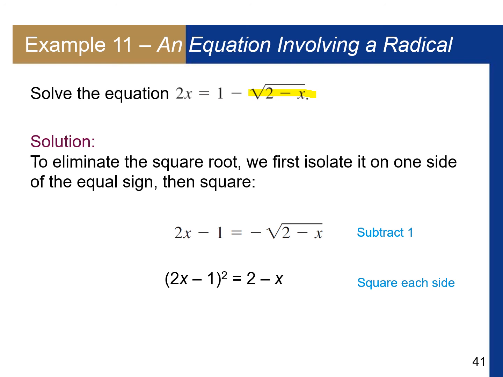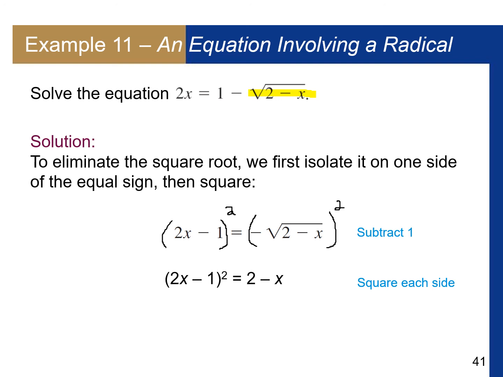You can if you want to, but you don't have to. Because what you can do at this point is square this side. And whatever you do to one side, to keep everything balanced, you have to do to the other. So that's how we get this step.